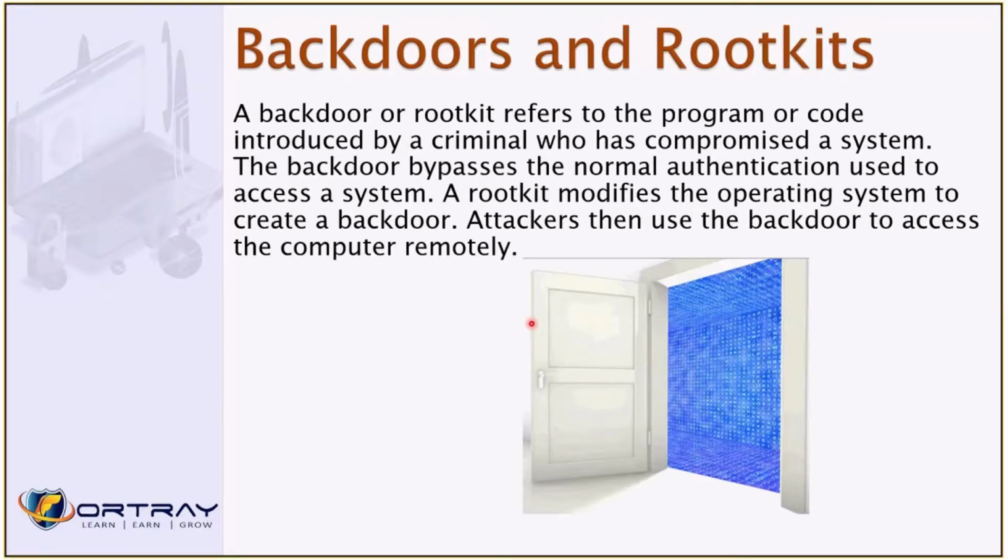So a backdoor or a rootkit refers to a program or code introduced by a criminal who has compromised a system. The backdoor bypasses the normal authentication used to access the system. A rootkit modifies the operating system to create a backdoor. So this is what we discussed, like maybe modifying the Windows operating system. An attacker can use the backdoor to access the system remotely.